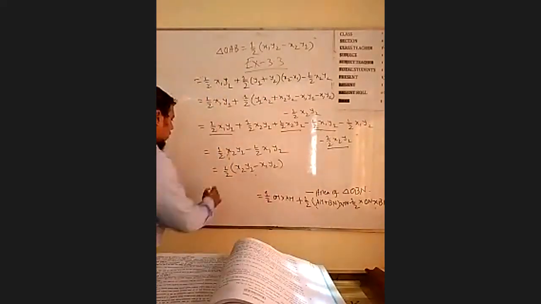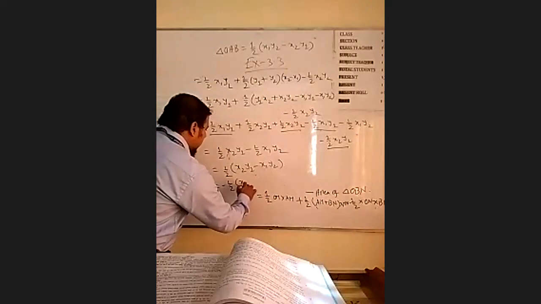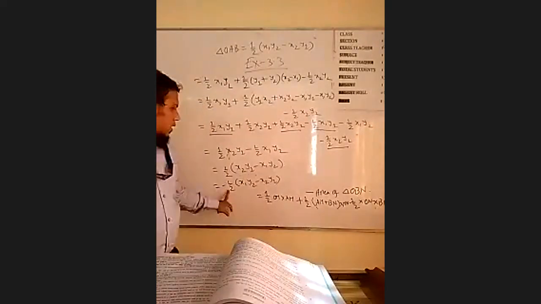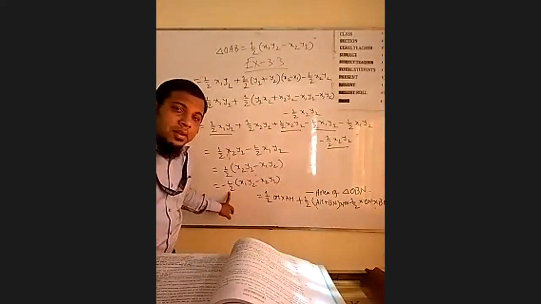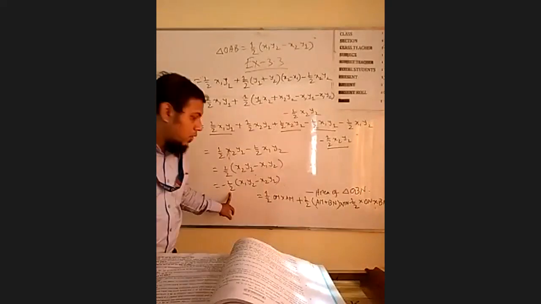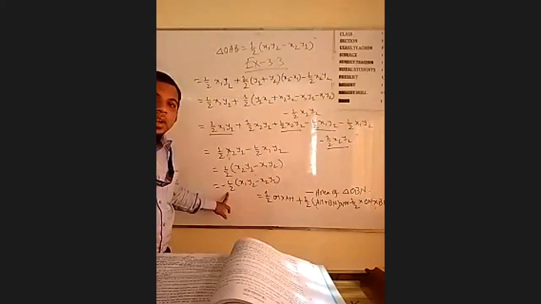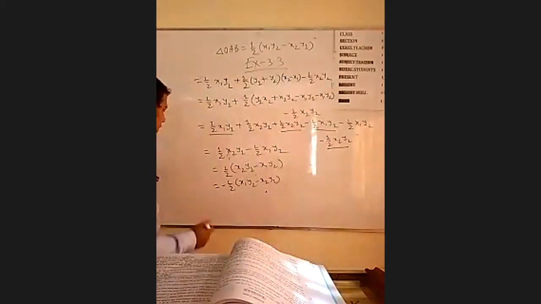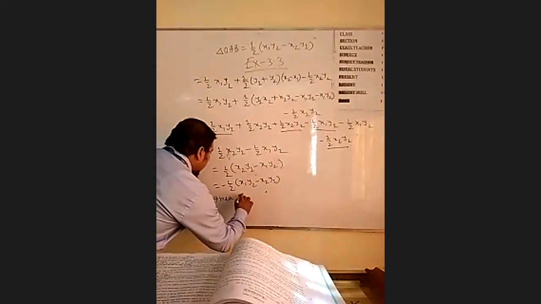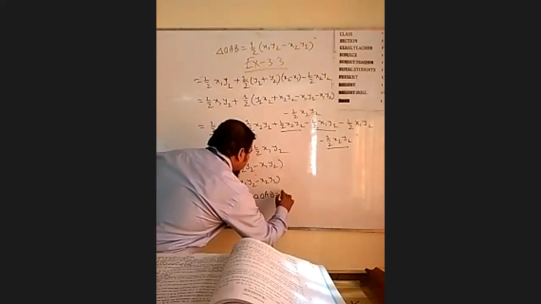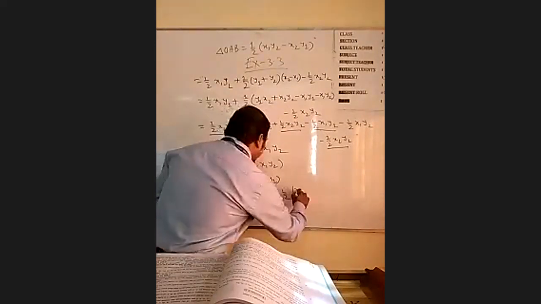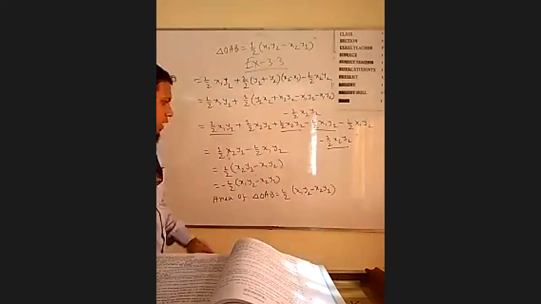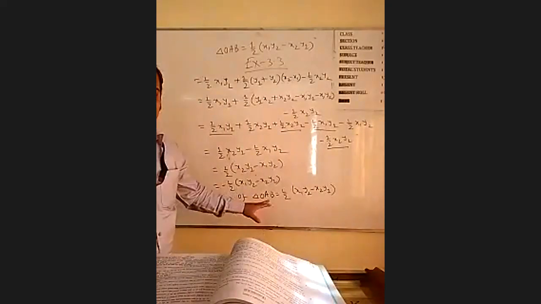We can take minus as common and get x1 y2 minus x2 y1. As it is an area, we can write it as positive. So the area of triangle OAB is equal to half of x1 y2 minus x2 y1. We successfully proved it. Lastly we write proved.